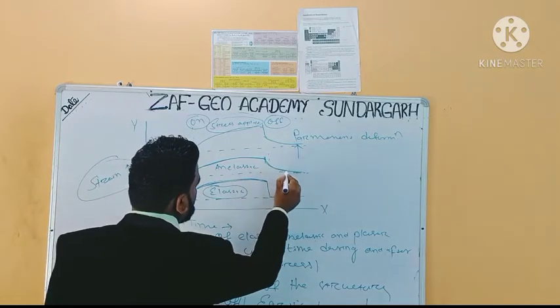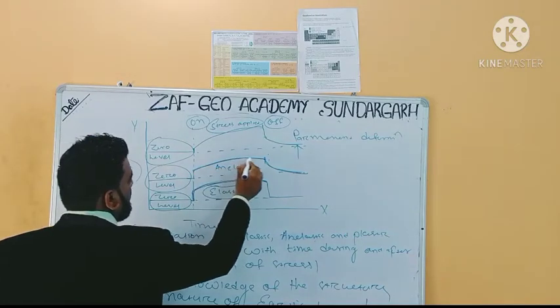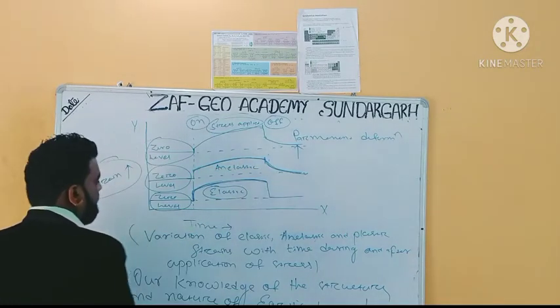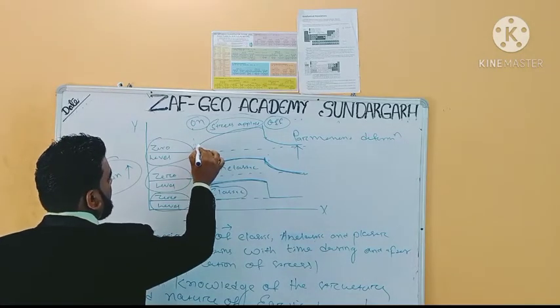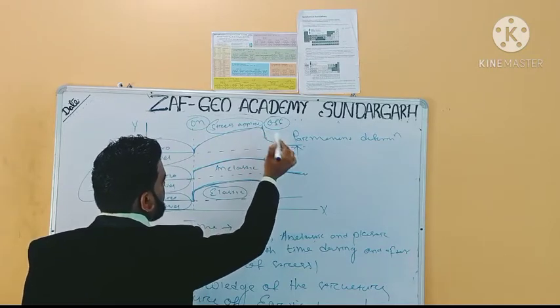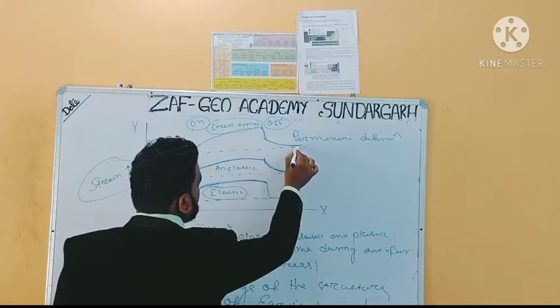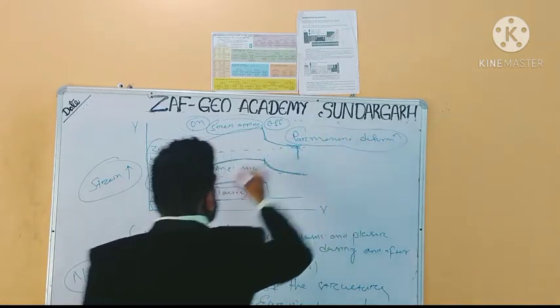The graph slowly and gradually goes down, then gradually up, and then gradually down. Now this is the permanent deformation. Here stress is on and here stress is off, and there will be permanent deformation here. Okay.